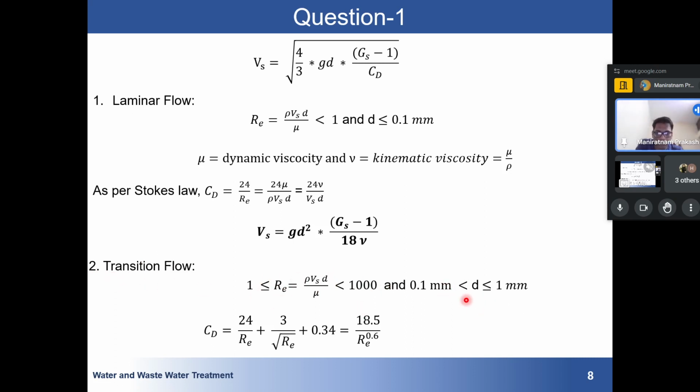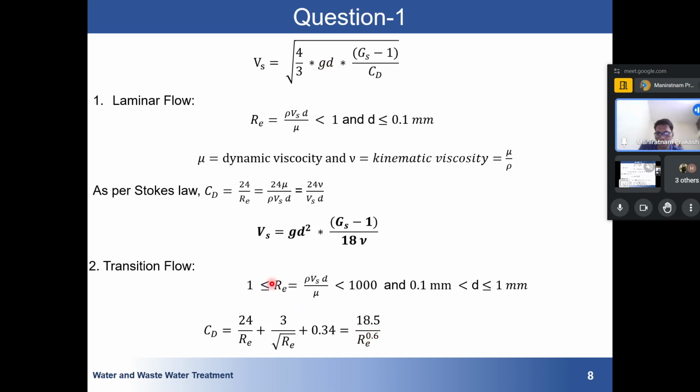Here the diameter is in the range between 0.1 and less than or equal to 1 mm. And the drag coefficient in transition flow is given by 24 by Re plus 3 by under root Re plus 0.34, that is equivalent to 18.5 Re to the power 0.6.